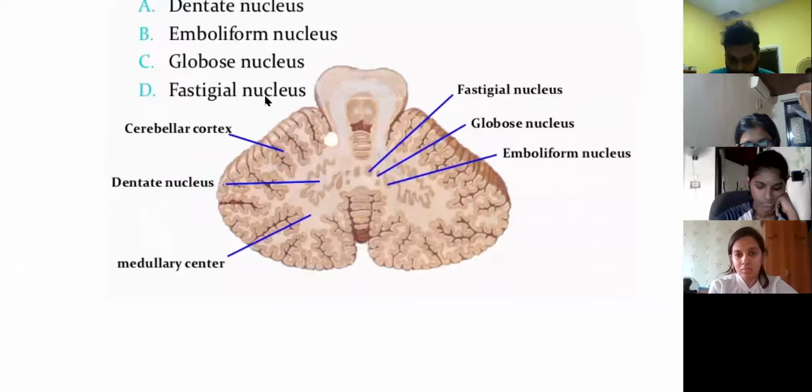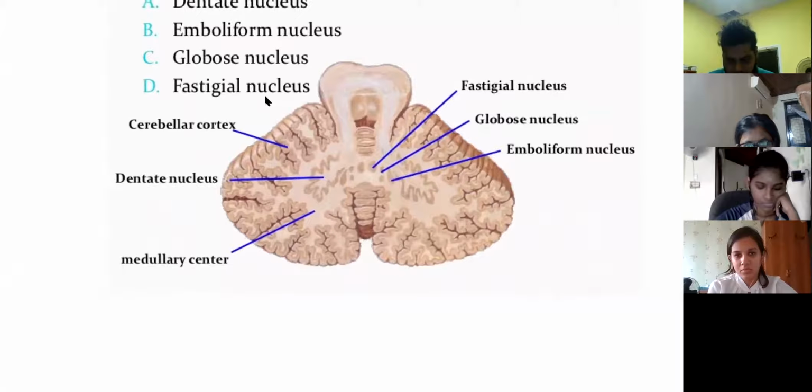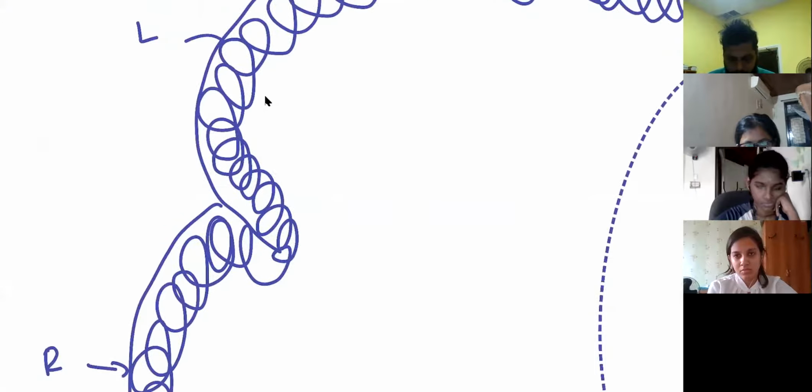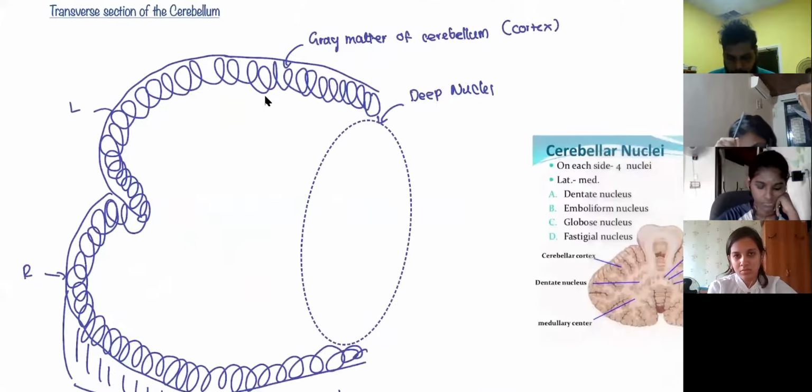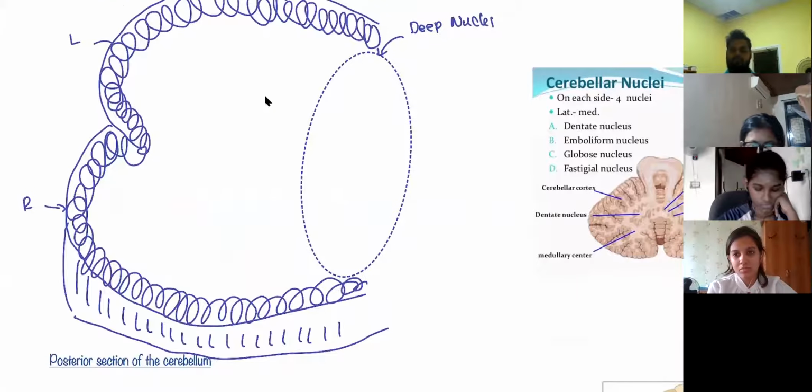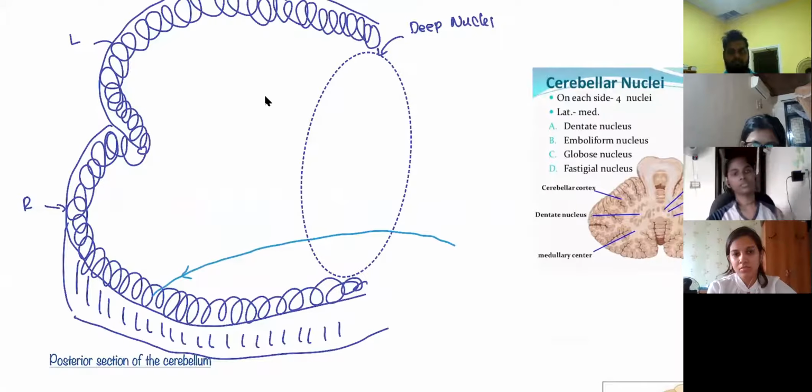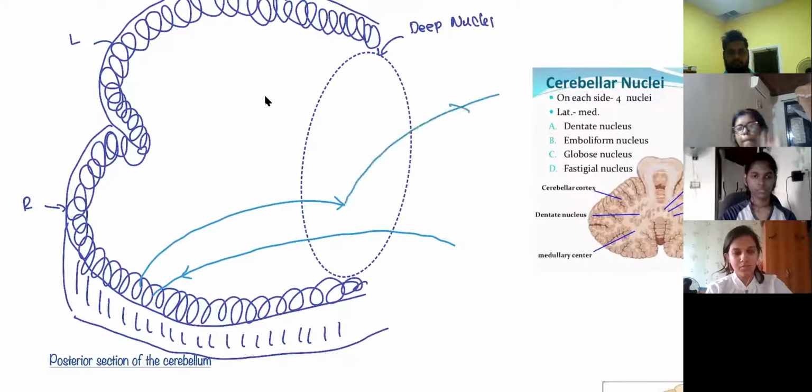This is the cortex, and in between you can see the white matter regions. What that means is, it's simple. Let me tell you the way nerve fibers come to the cerebellum. They come first to the cortex, and they have a second signal to the deep nuclei, and from the nuclei it goes out.